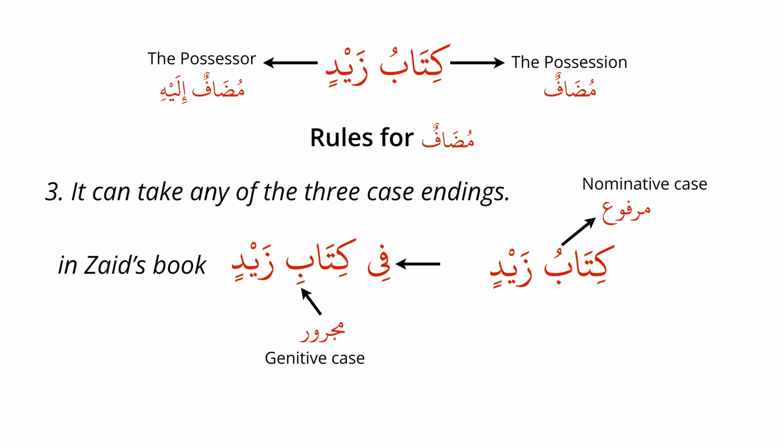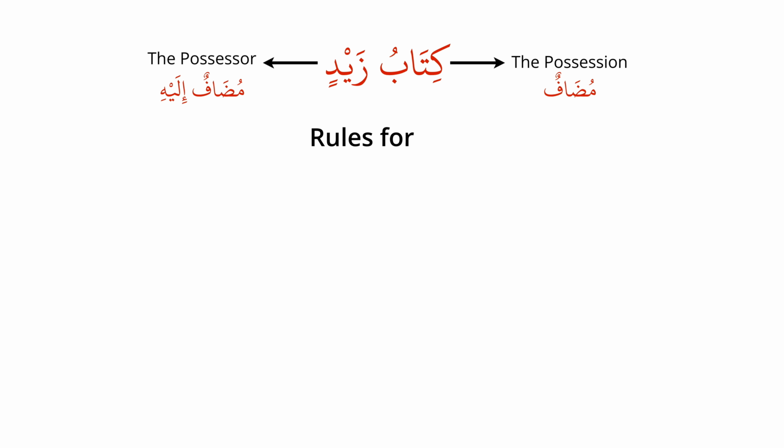And it could also be like kitaba zaidin, where the noun kitab is mansoob, meaning in the accusative case. I have not explained the reasons of a noun being in the accusative case yet, and we will learn it in future lessons, inshallah. Now let's learn the rules for Mudhaf Ilaihi.